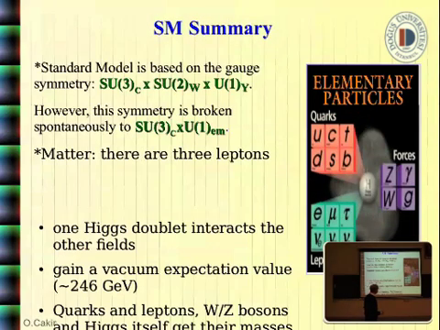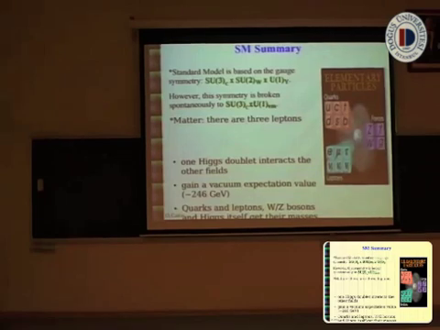Okay. Another part of the standard model is the electroweak symmetry breaking. In the electroweak symmetry breaking, gauge bosons and the fermions get their masses from a vacuum expectation value of the scalar field.